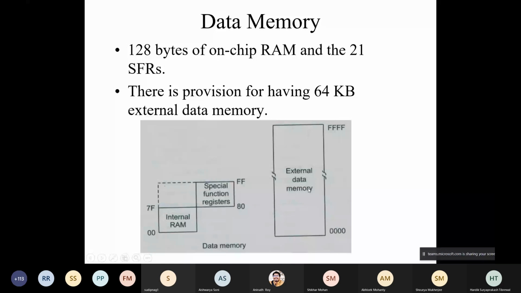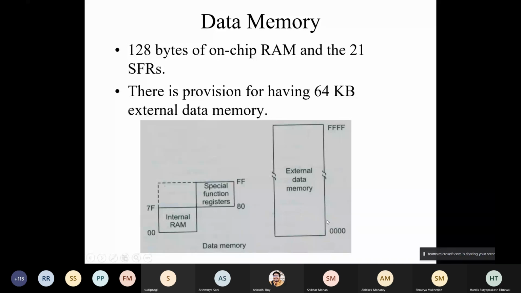So there could be up to 64 kilobyte external data memory. Now look at this. Some part of data memory could be internal RAM. Some part of this could be special function registers, like TCON, TMOD, and other registers that we'll discuss. And some other part of the data could be external data memory anywhere within this range.